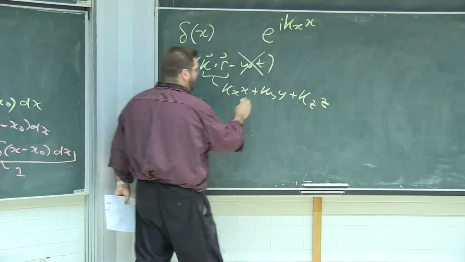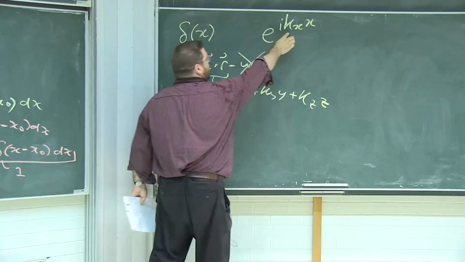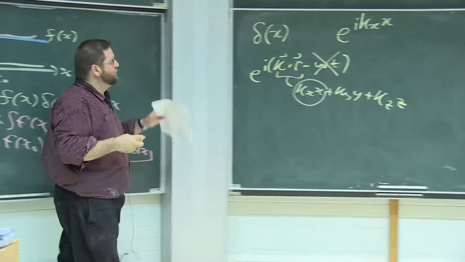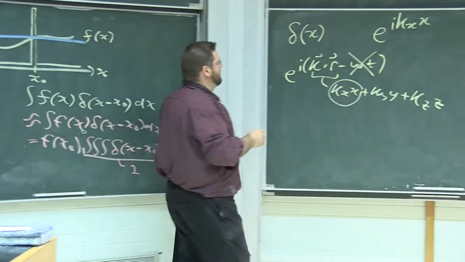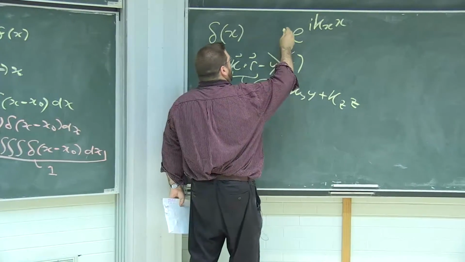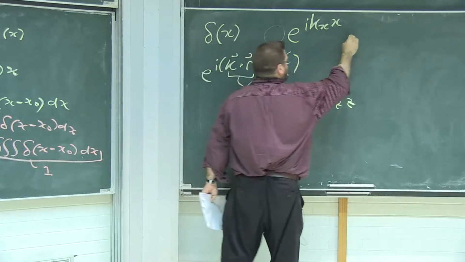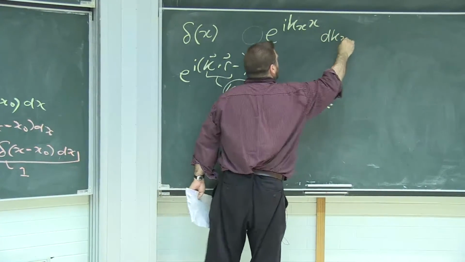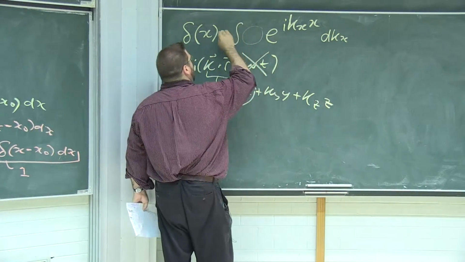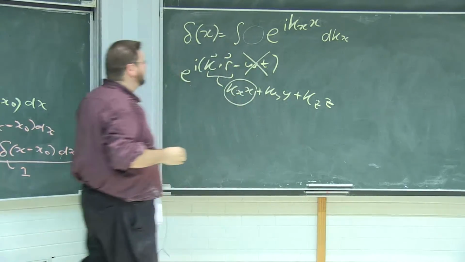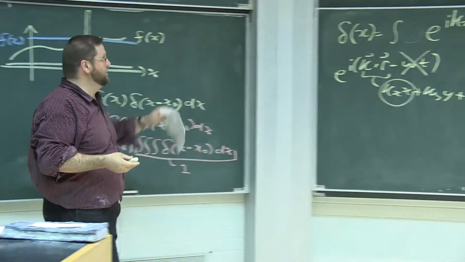But here we're living in a one-dimensional world, so we just have this in the exponent. So this is one plane wave. I'm going to need to multiply by some coefficient, which is infinitesimal, and then add them all up. And that should let me make an arbitrary function.